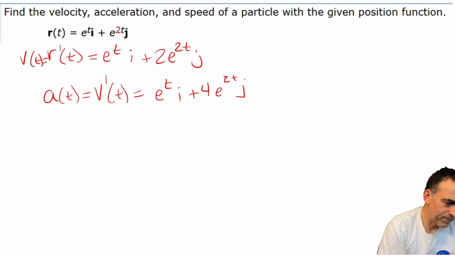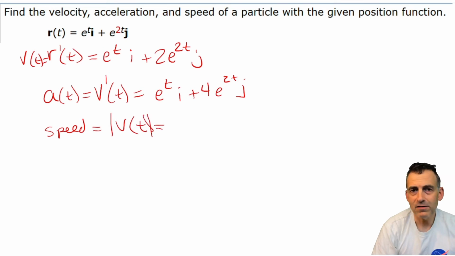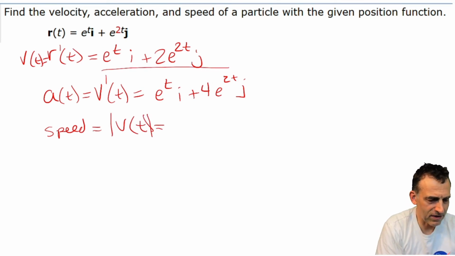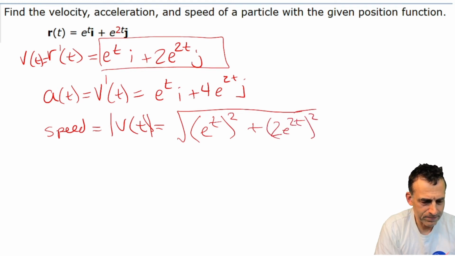Finally, speed. So speed is just the magnitude of the velocity. So you can take this and do the magnitude, which means you're going to do e to the t squared plus 2e to the 2t squared.